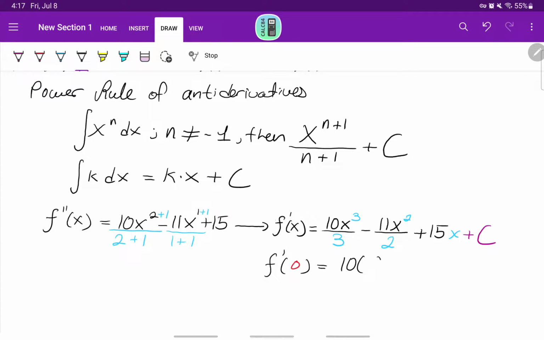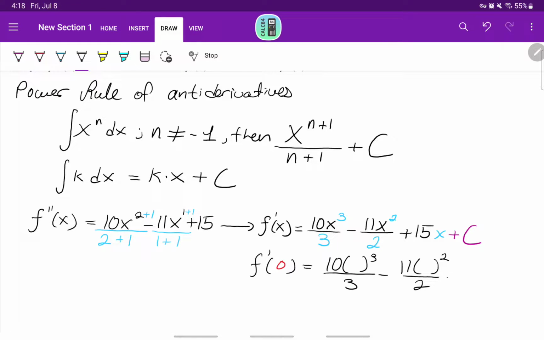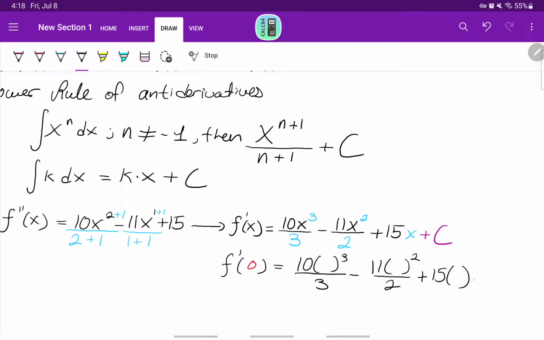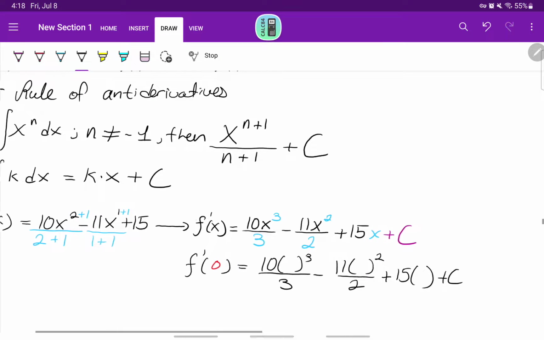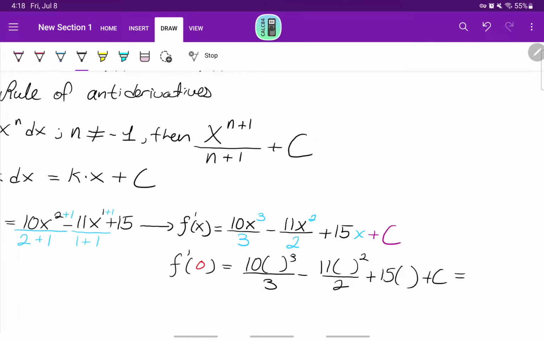So 10 times 0 cubed over 3 minus 11 times 0 squared over 2 plus 15 times 0 plus c is equal to 12. 0 here, 0 here, 0 here. These all cancel out. And as you can see, c is equal to 12.